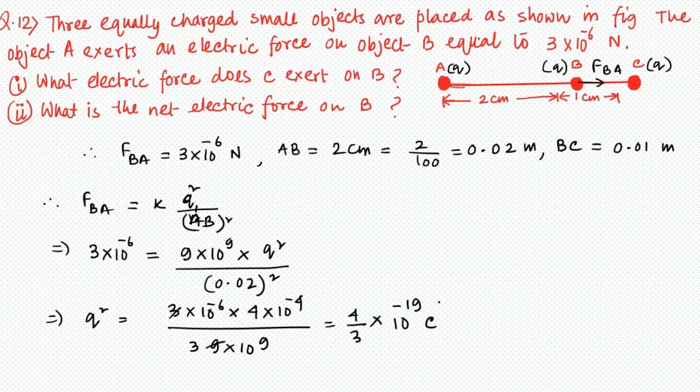Okay, so we need Q square only because later we need to calculate the force on B which is exerted by C. So Q square is needed here. So the first question is, what electric force does C exert on B? FBC is equal to K into Q square by BC square.